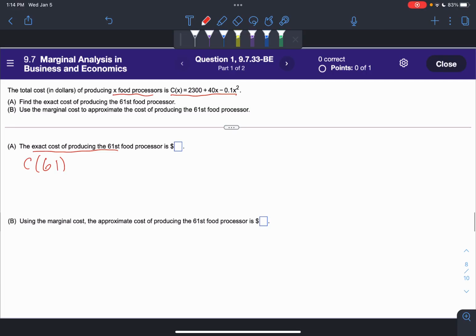Just because when we do this, we're finding the cost for 61 food processors, not the 61st one. So if we know the cost of 61, and let's say we can find the cost of 60 food processors, then maybe if I subtract the two, the difference, that would just be the cost of the 61st food processor.